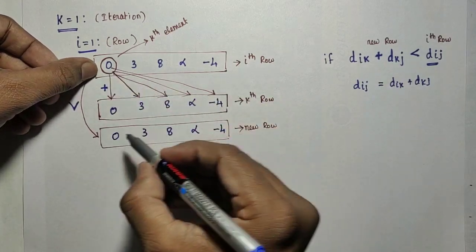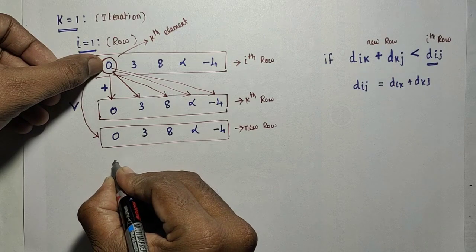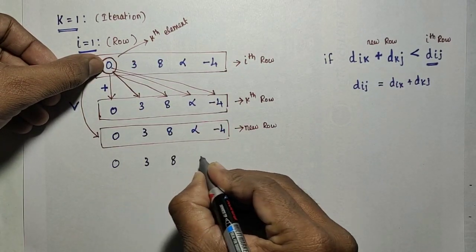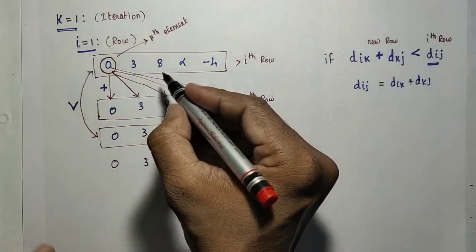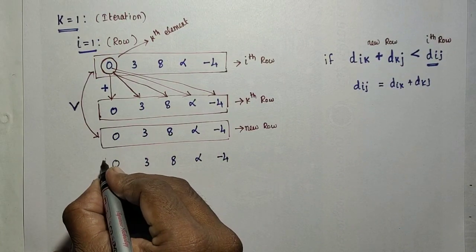So it will be as it is: 0, 3, 8, infinity and minus 4. We just bring that element to here.